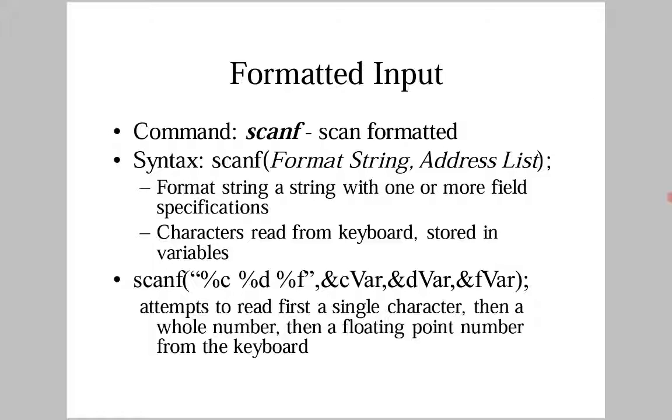%c is used for characters, %d for integers and %f for float. In printf we generally use only variables separated by commas, whereas in scanf we use the ampersand symbol: ampersand variable 1, comma, ampersand variable 2, comma, ampersand variable 3.